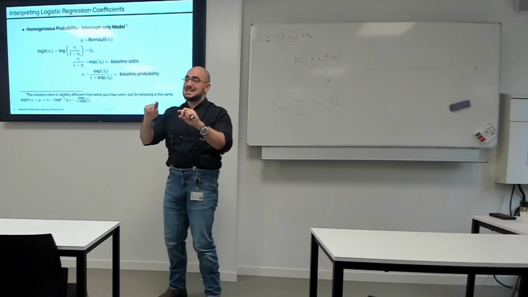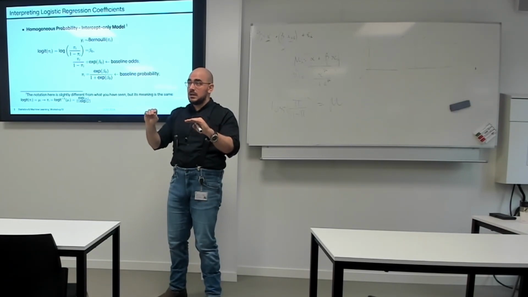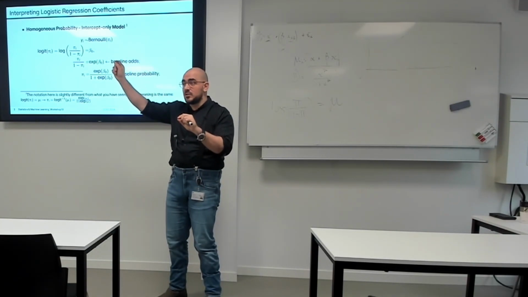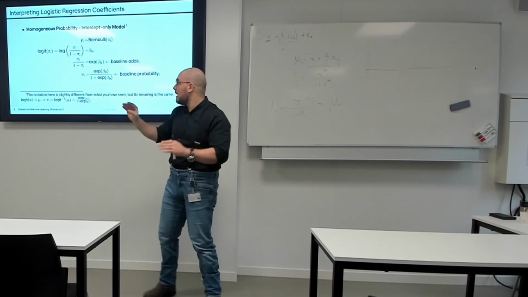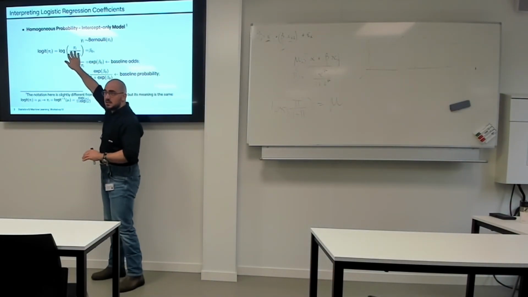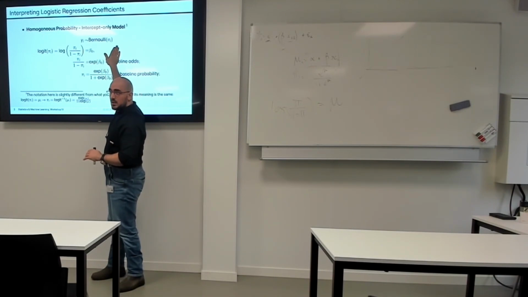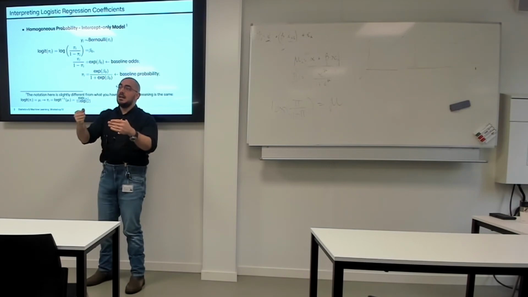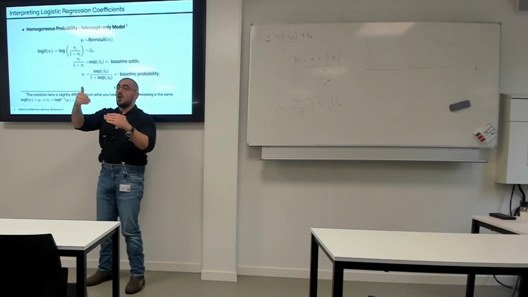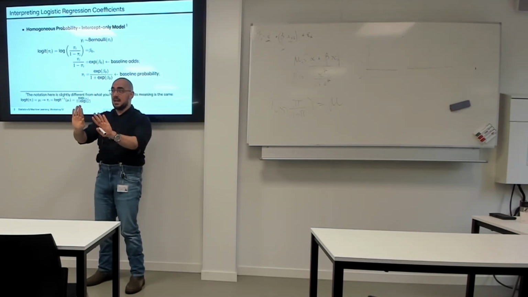The scale of the linear model is not in probability terms, it is in log odds terms. That's why in a logistic regression you have log odds equal to a linear function. Now I want to go from the log odds to the odds. So I take the exponential of the log odds, and now I'm on the odds scale.